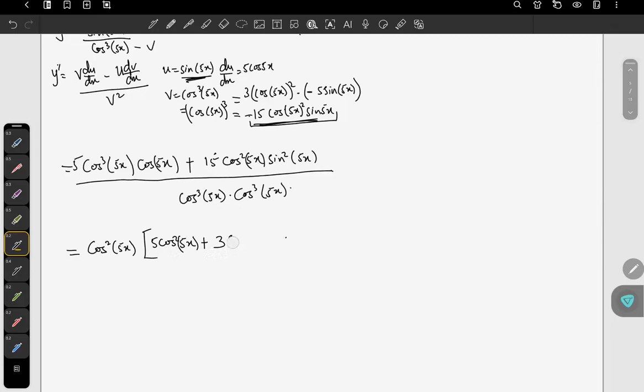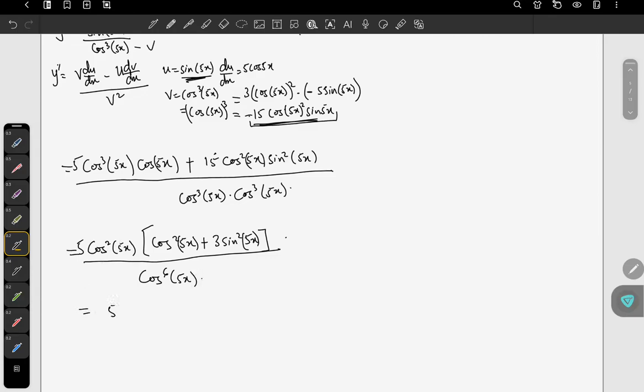Oh, sorry, we did not factor out, so I should factor out 5, so that the 5 will go here. So that will be cos squared 5x, then plus, if I factor out 5 from here, I'll be left with 3 sine squared 5x, everything over cos raised to power 6 5x.